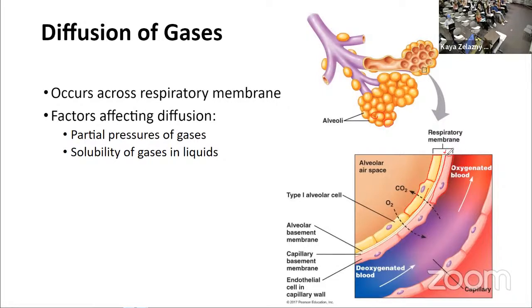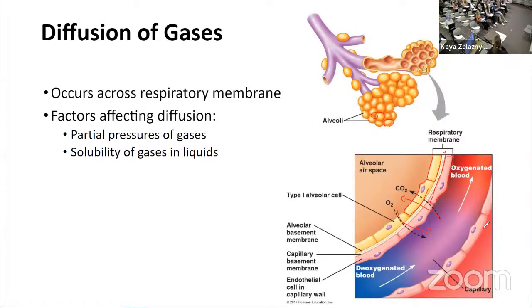Okay, so we got a nice thin layer for our oxygen to dissolve into the plasma, and our carbon dioxide to dissolve out, okay? So they're both just diffusing because they're both non-polar small little gases. They can get across a cell membrane perfectly fine. There are, however, going to be some factors that affect how much oxygen is going to go into the plasma and how much carbon dioxide is going to come out and go into the alveoli.